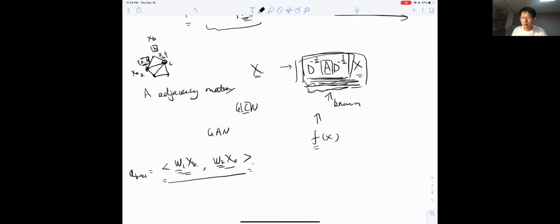You can see that W1 and W2 are two parameter matrices, and by introducing these two parameter matrices, we design a way to calculate a similarity between XB and XA. Maybe this A will be plugged in here in some way, but not directly; he also used some other technique to plug it in.